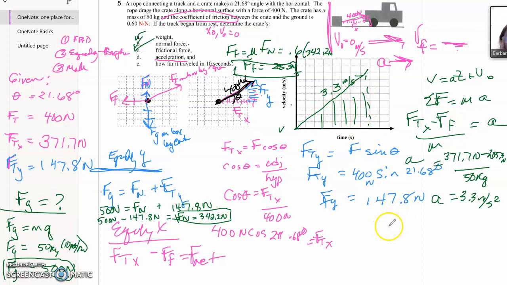I can also, of course, say x equals 1/2 a t squared plus v naught t plus x naught.